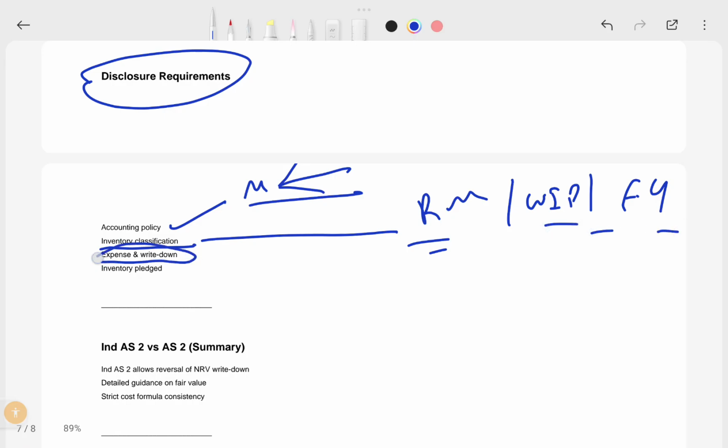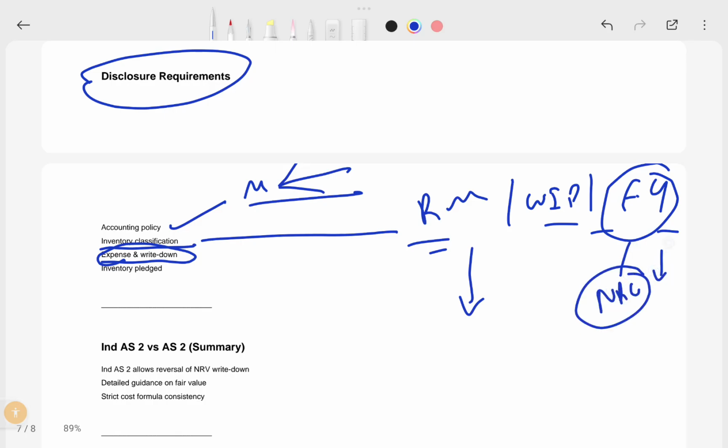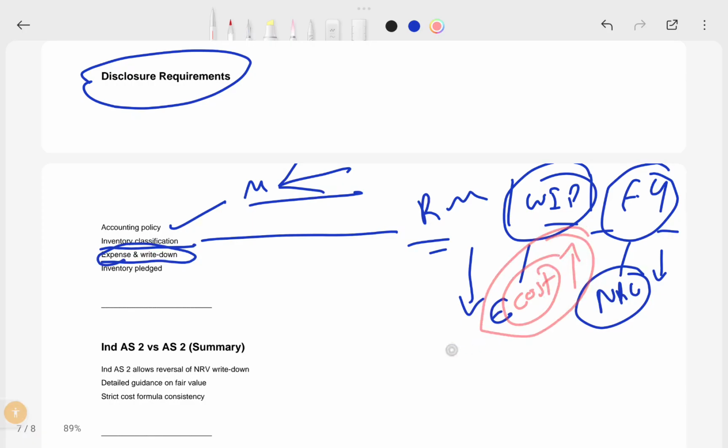And expenditure and write-downs: if the raw material is reduced to replacement cost, or finished goods are reduced to NRV because the NRV is less than the cost, or if for work in progress the expected cost increases, you need to remove that from the sales account and revise the work in progress cost. All these expenses and reversals have to be shown in the disclosures.